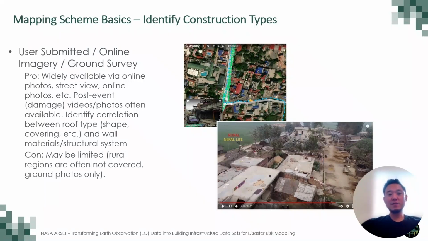Another advantage is if you use this in combination with satellite images, you can start making some correlations between, I know it has this type of roof, this type of slope material from the satellite image. I know it's the structural type from the ground view. So now you can start making some assumptions based purely on satellite images at that point.